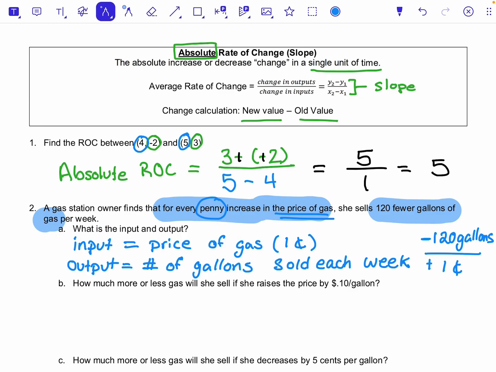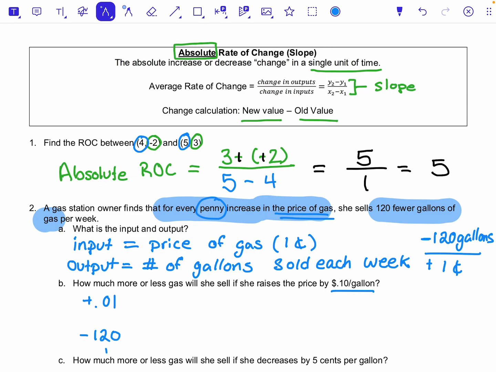So how much more or less gas would she sell if she raises her price by 10 cents? There's a few different ways we could approach this problem. If she raises the price 1 cent, then she's going to sell 120 less. And so this would be one time.